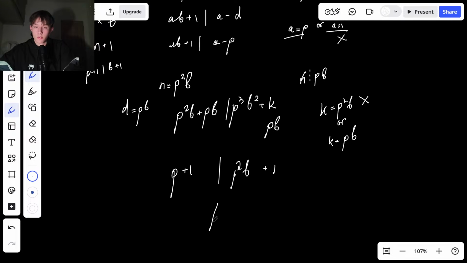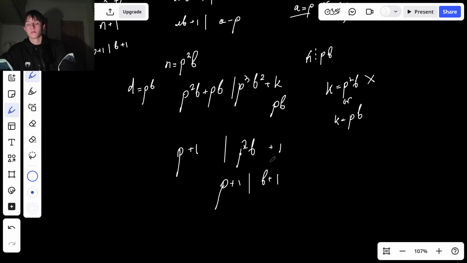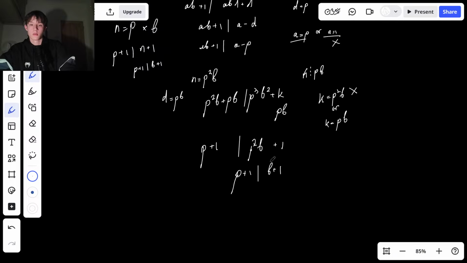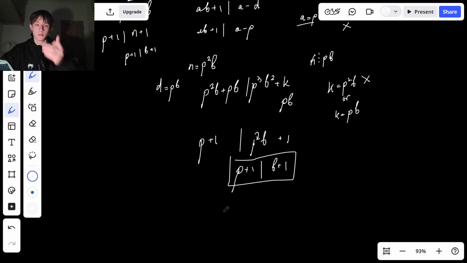And now we can officially rewrite this as p plus 1 divides p plus 1, or p plus 1 divides b minus p. Okay, so we get this. So p plus 1 divides b plus 1, and b plus 1 divides, and also divides plus 1.